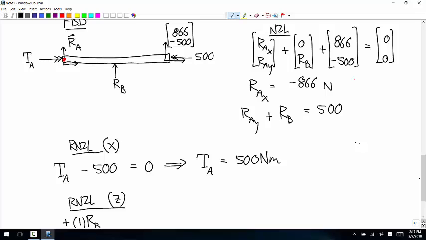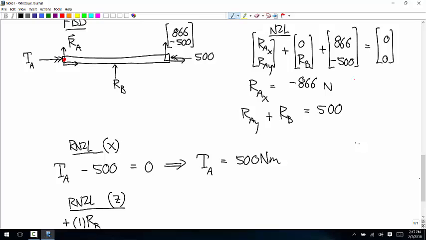Okay, and now at the other end, does the horizontal force produce a moment? No, the vertical force has a magnitude of 500, a moment arm of 2 meters, and that's a downward force. Would that make it rotate clockwise or counterclockwise?